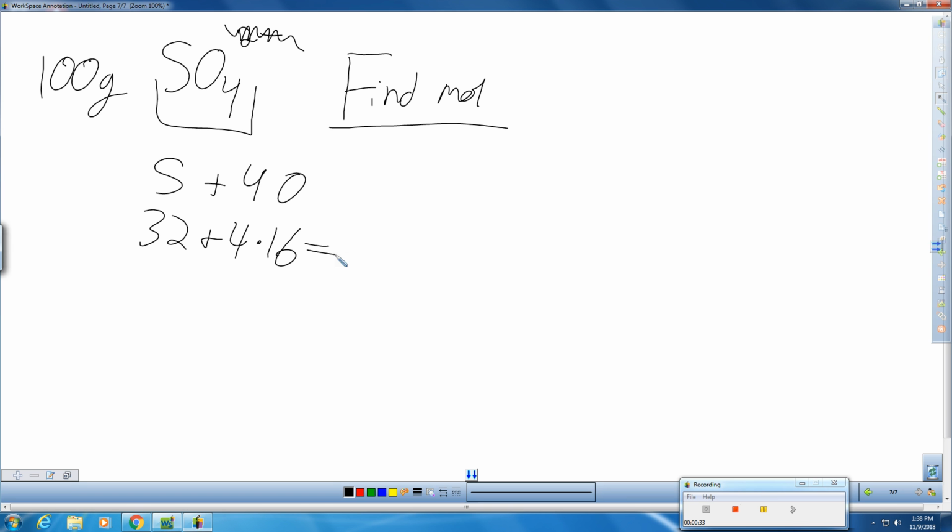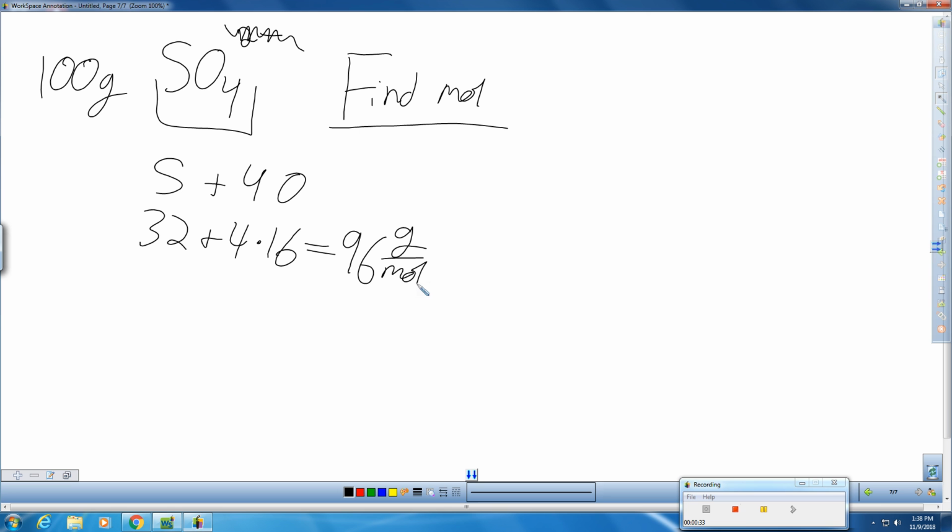That's 64. Plus 32 is 96. We're going to go with 96. What are my units? Grams per mole. So if I have sulfate, it's always going to be 96 grams per mole.